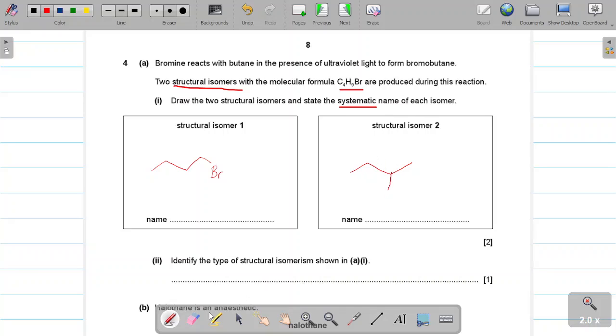Oh, I drew this a little bit badly. Let me just draw this over. It will be a bromine atom attached to carbon 2. And this will, of course, be 1-bromobutane, and this will be 2-bromobutane.